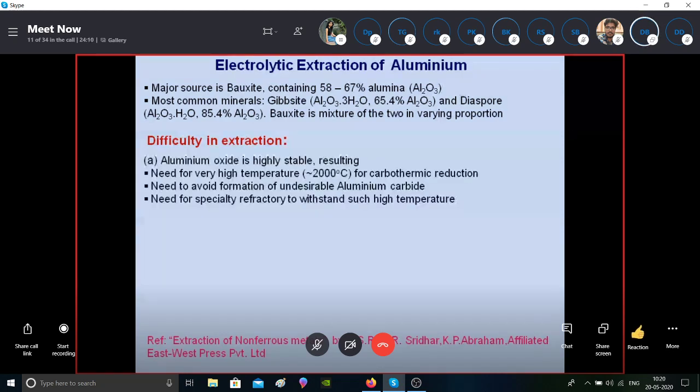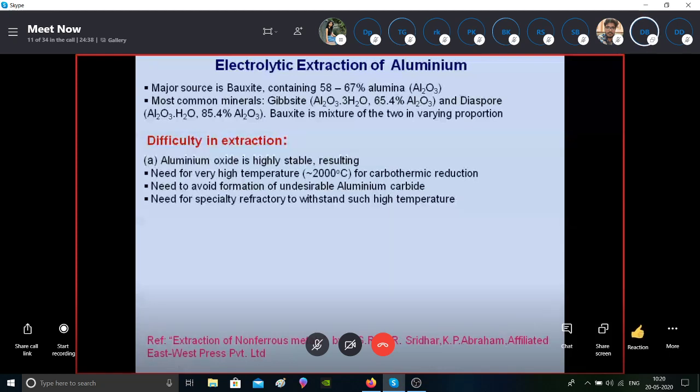The reason behind this is that there are basically two reasons. First of all, aluminium oxide or alumina, if you go back to the Ellingham diagram, you will see that it is located towards the bottommost part of the diagram, which indicates very high stability of alumina.